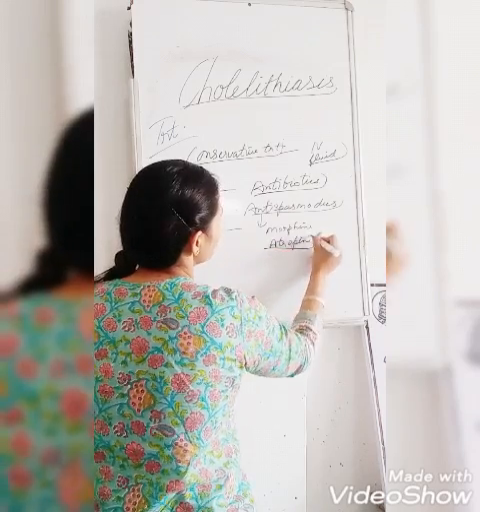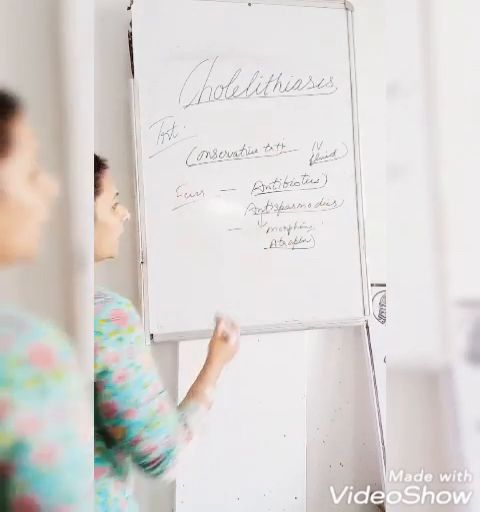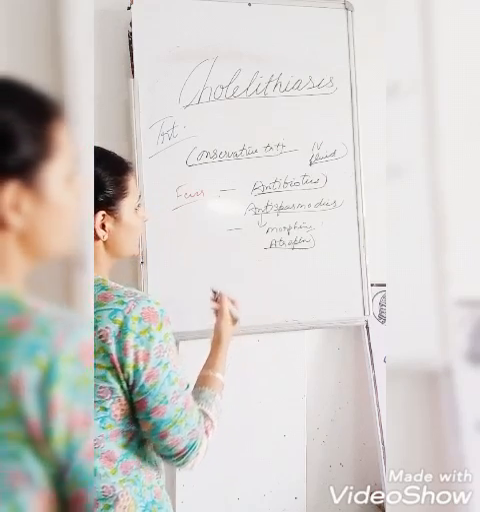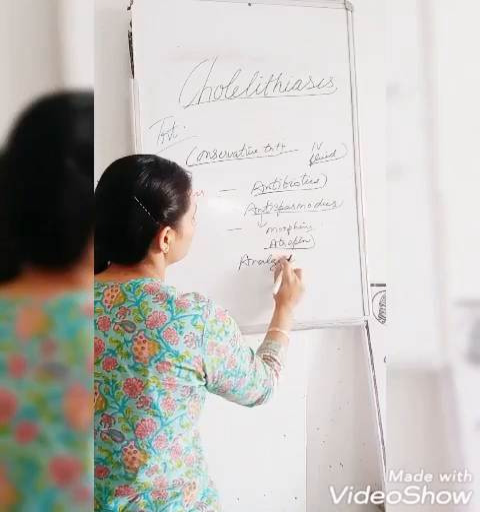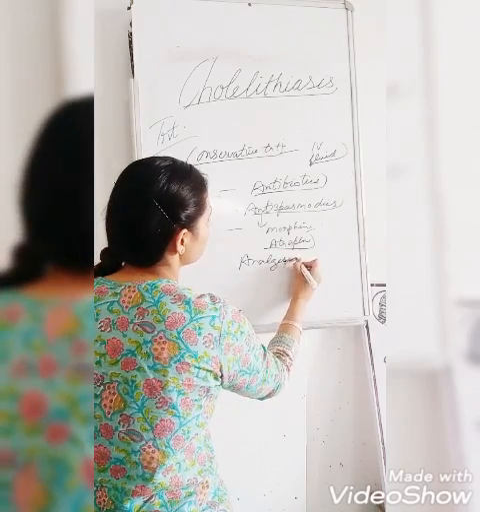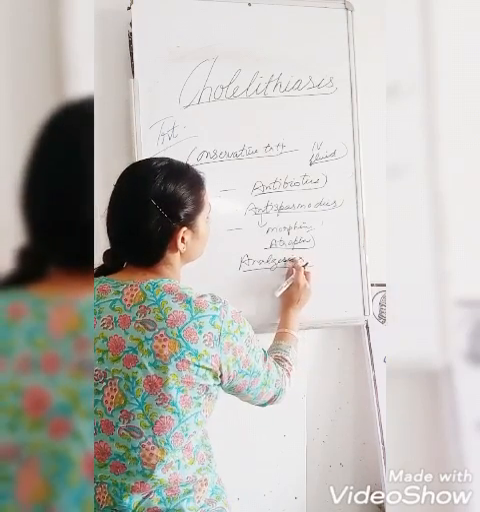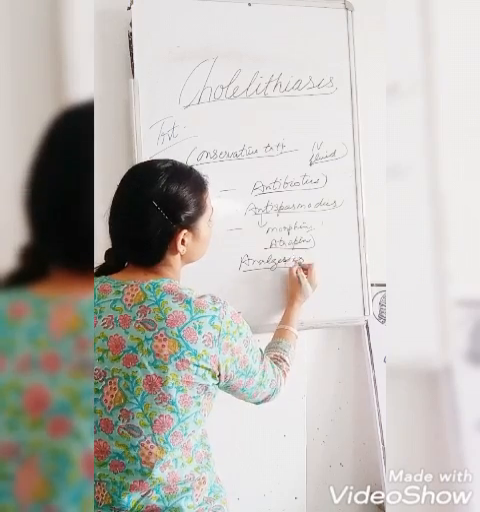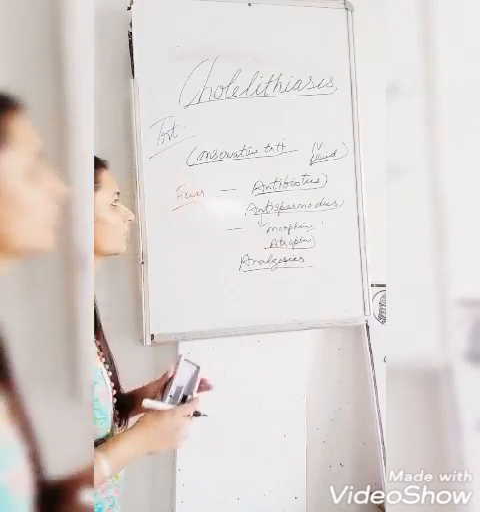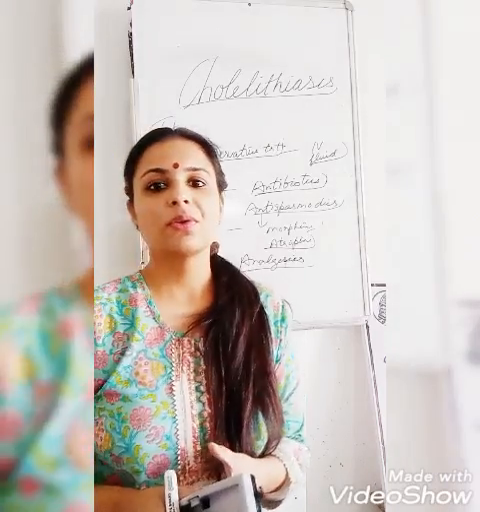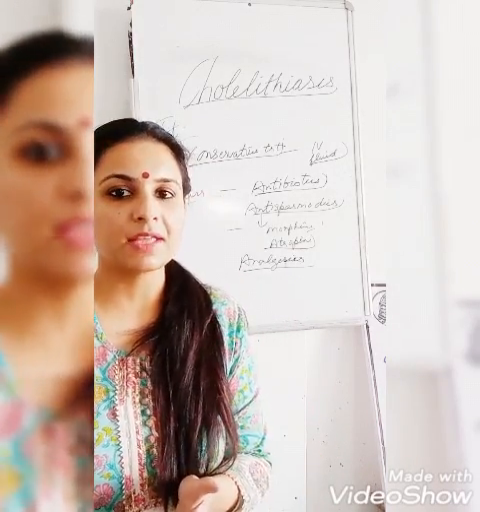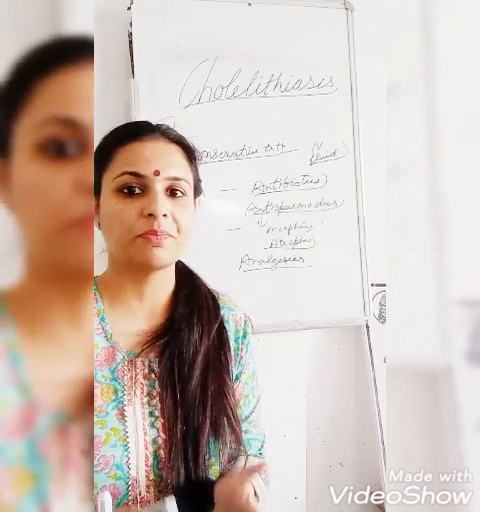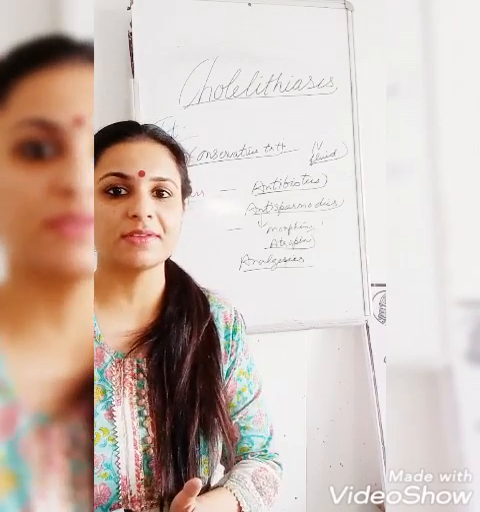So the injection of morphine is given, and beside this other painkillers, analgesics, are given to relieve the pain. So antispasmodics, antipyretics are given. Antibiotics are given if there is infection present.